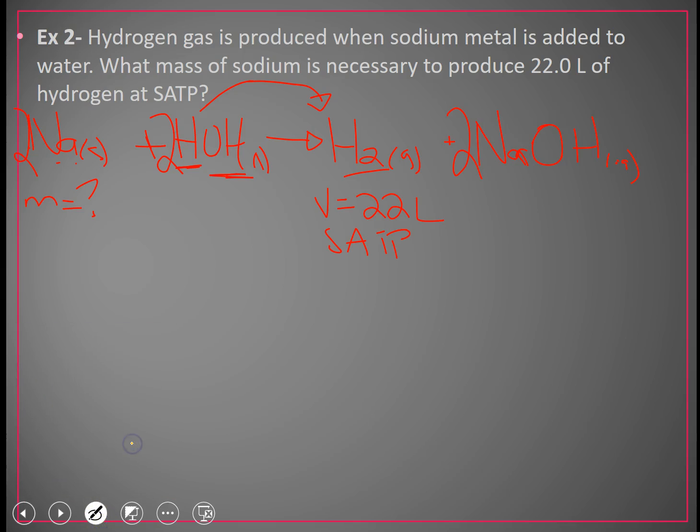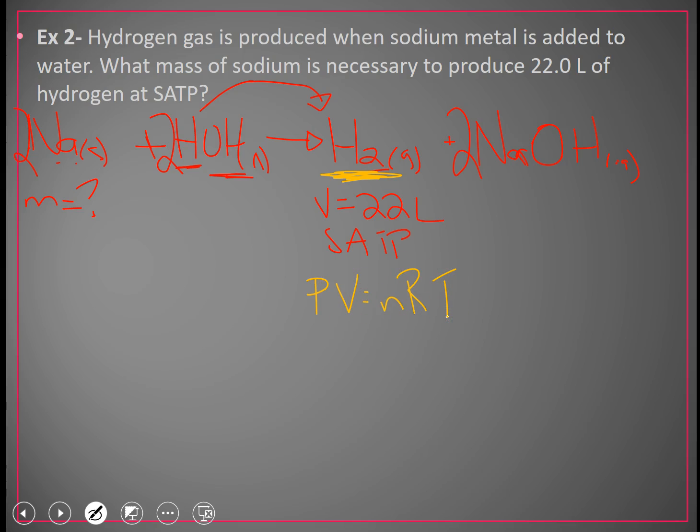Alright, so I'm going to do hydrogen in yellow. So first thing I need to do once I've written everything is find moles. What substance can I find moles for? Hydrogen, right. And so I'll find moles of hydrogen using what formula? PV equals nRT.